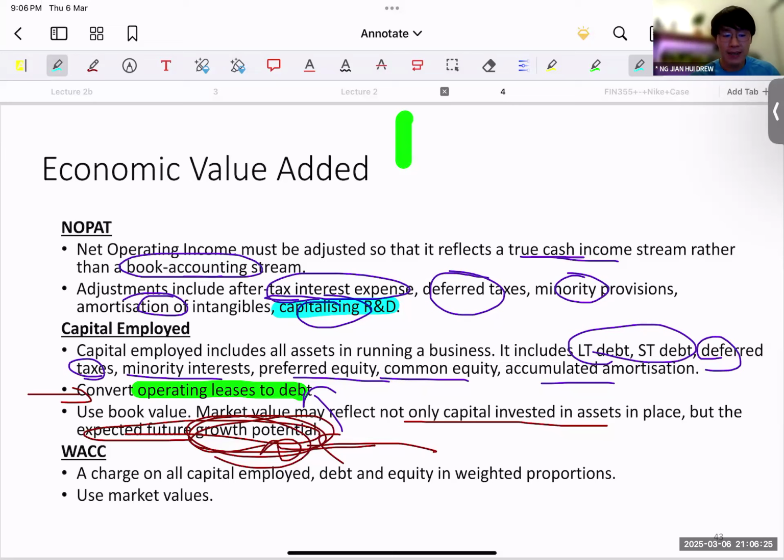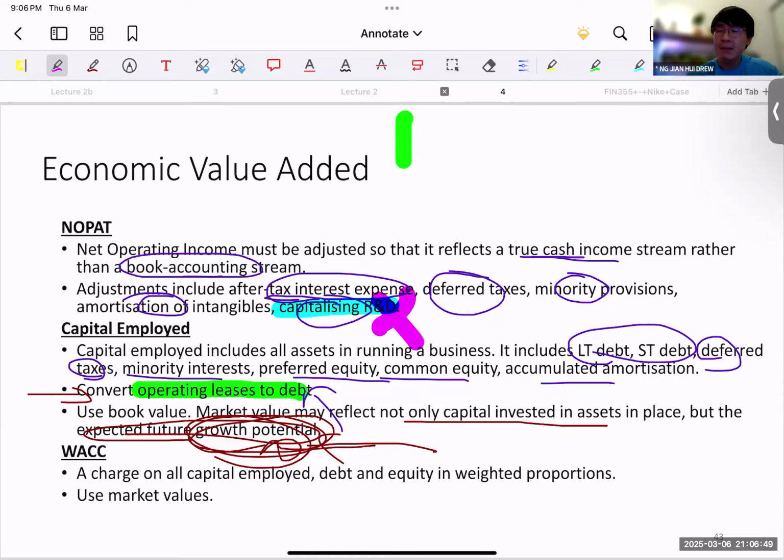At the same time, also converting operating leases to debt. That makes sense. But remember, in the corporate world, typically they do not do this because you are being too overly optimistic that your R&D would give you some return in the future.